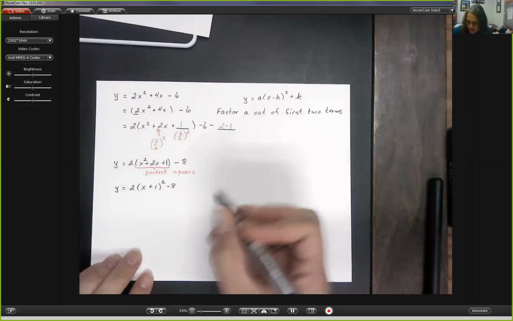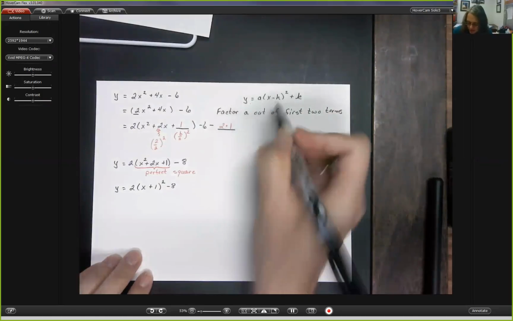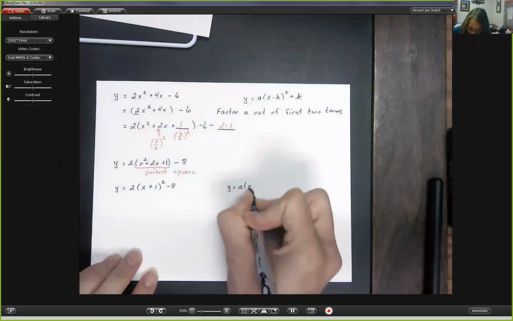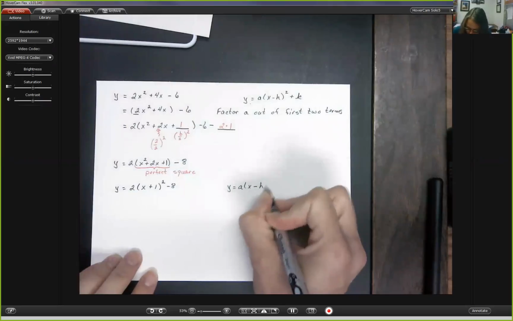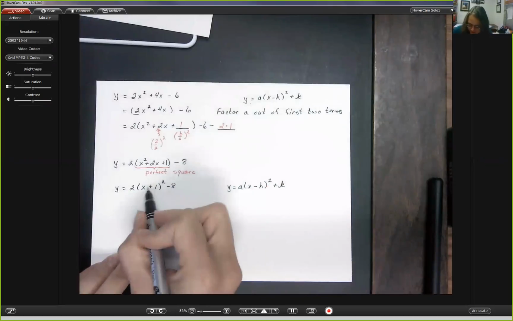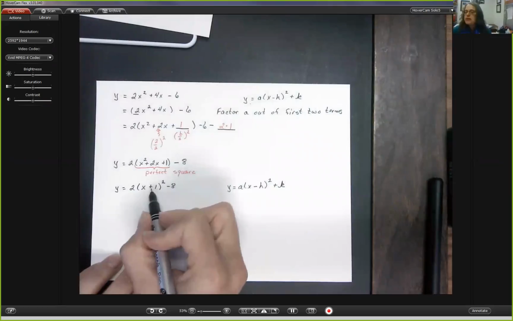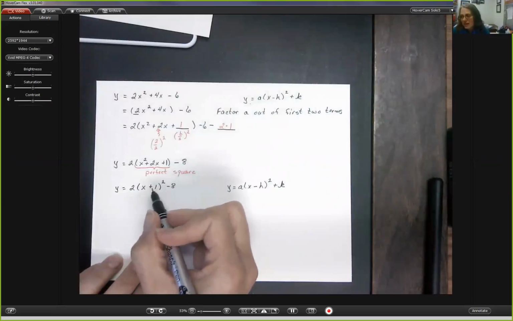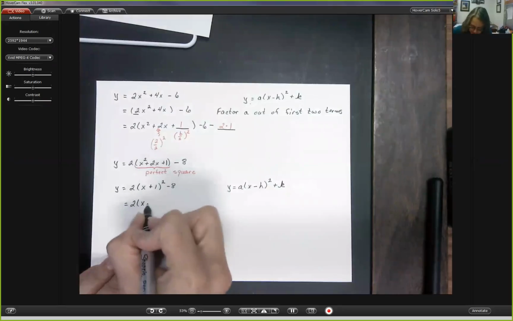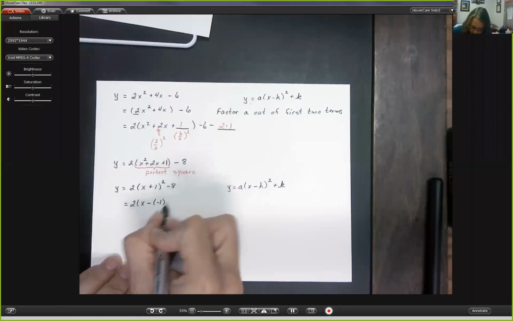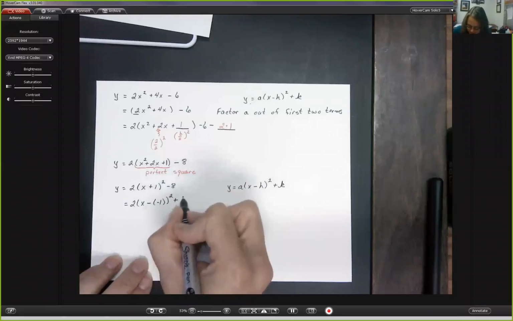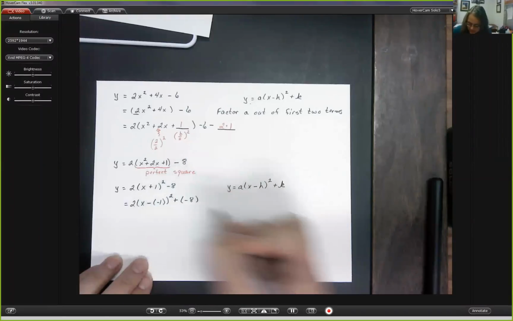Okay, we're almost there. Look at our standard form. It should be y equals a times x minus a number squared plus another number. I've got plus 1. Plus 1 is the same thing as minus a negative 1. So let's just rewrite this as x minus a negative 1 squared. And now I've got minus 8, which is plus a negative 8.